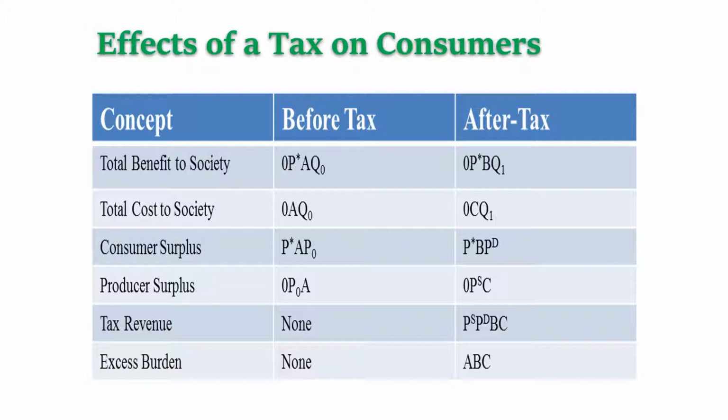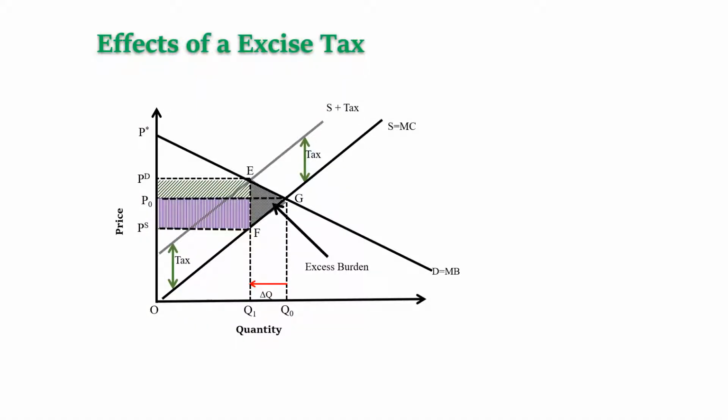Now, we've dealt with this one, effects of tax on consumers. We know these ones are done. Before tax, zero revenue, and then excess burden is zero. And after tax, we have that one. Now, let's look at excise tax, maybe a tax on liquor, cigarettes. What happens here? If there is a tax on cigarettes, the supply curve will shift upwards.